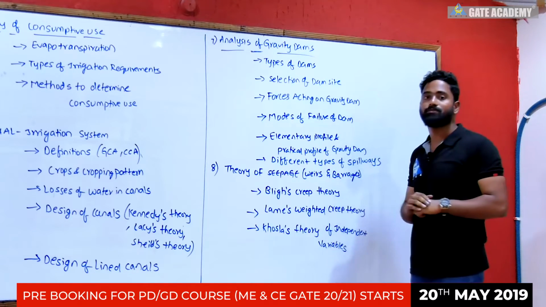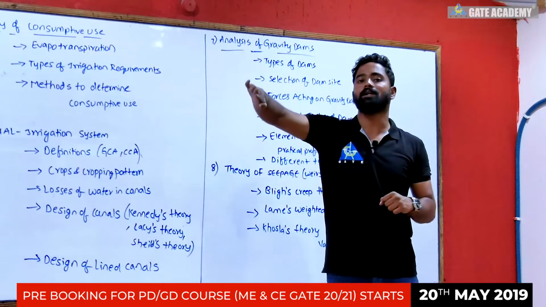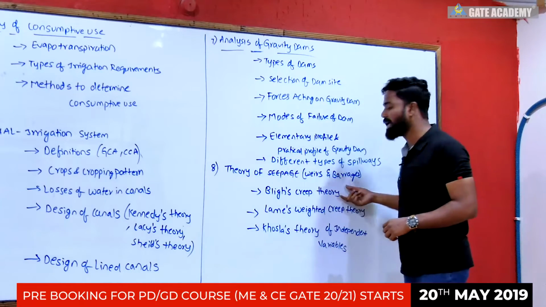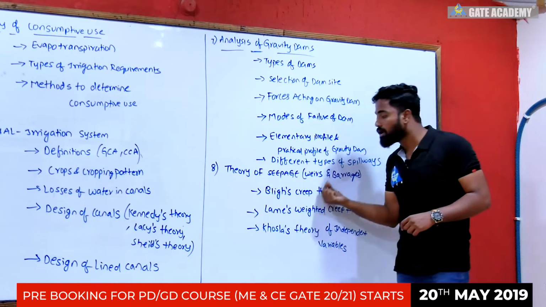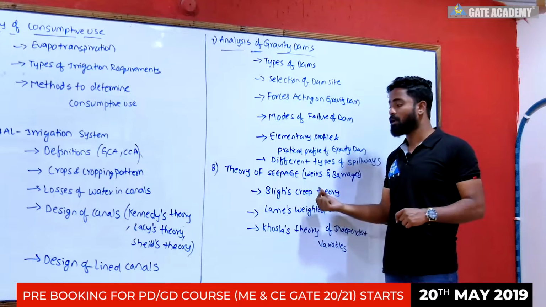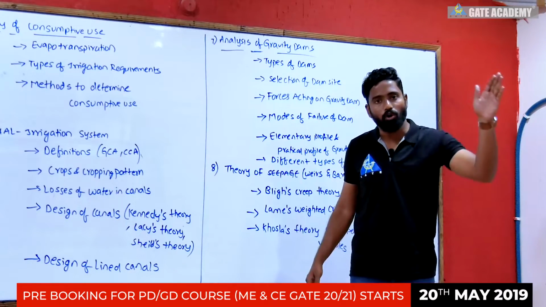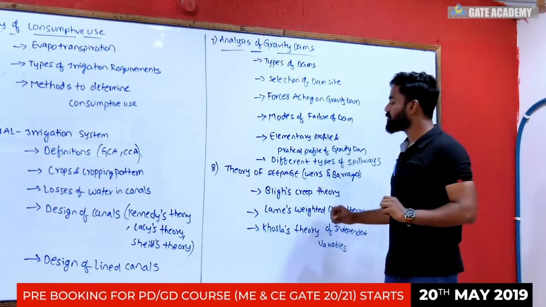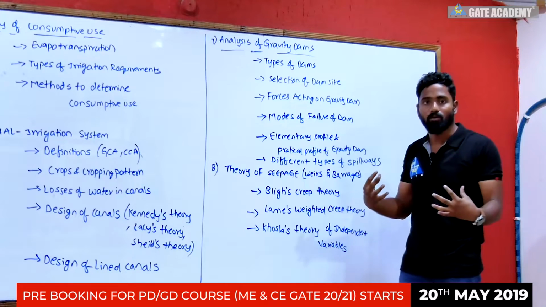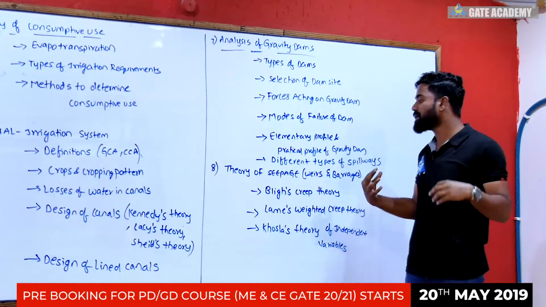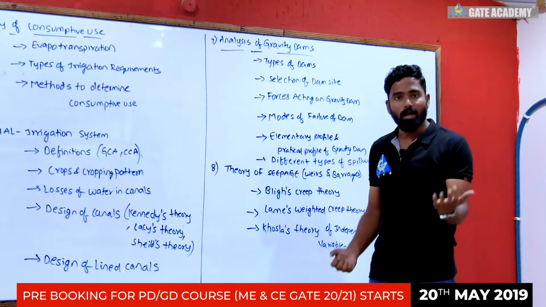And the theories of seepage: how water is seeping below the weirs and barrages. Blake's creep theory, Lane's weighted creep theory, and Khosla's theory. Here you will be providing sheet piles in order to reduce the seepage. Even then the seepage occurs, but the idea is to reduce the failure, because seepage causes undermining, piping effect, and uplift pressure.